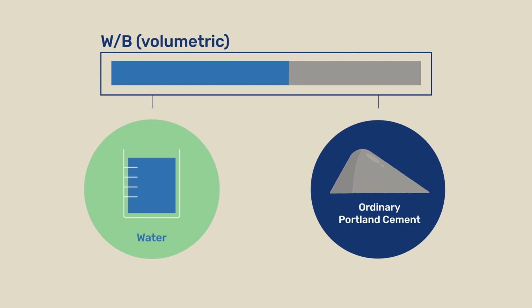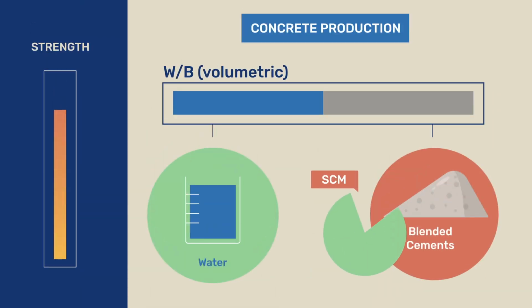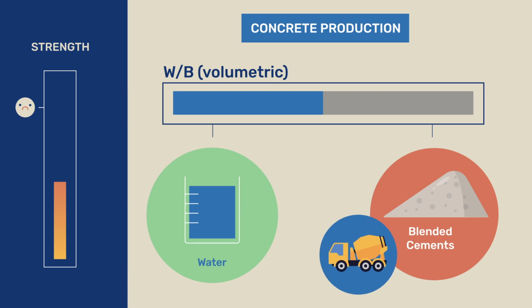Cement standards prescribe a certain water-to-binder ratio to assess the strength grade of a cement. For most SCMs, as their content is increased, this means a decrease in strength, at least at early age. At the concrete production level, this loss in strength can be compensated for by decreasing the water-to-binder ratio to obtain the targeted concrete strengths with different cement types.